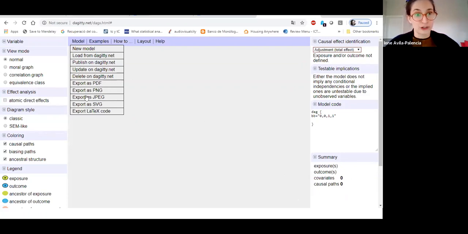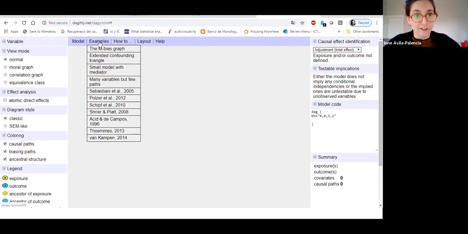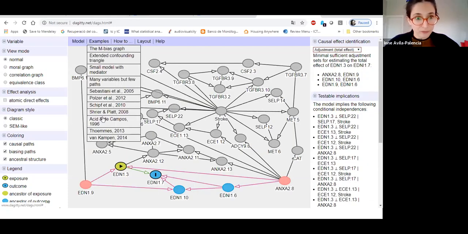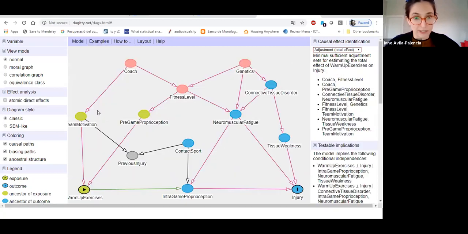You can export your DAG in an image format and use it in your documents. Then you have examples here, where you can find different examples from the literature. So I'm going to leave, for example, this one.